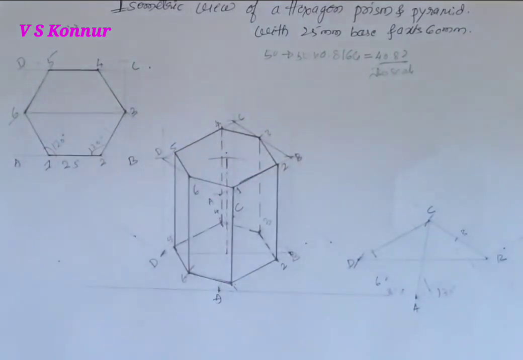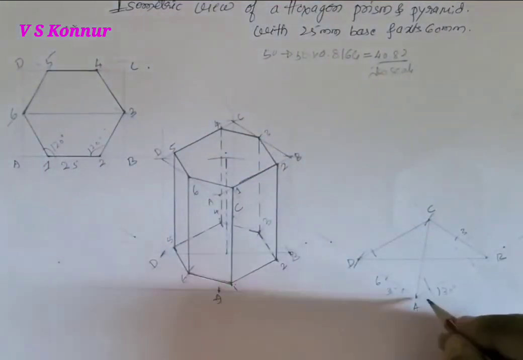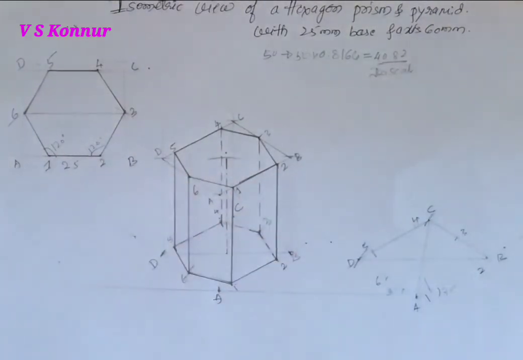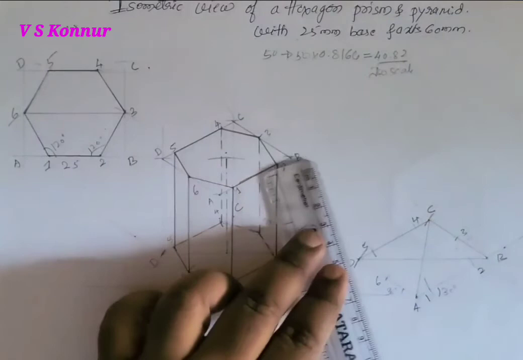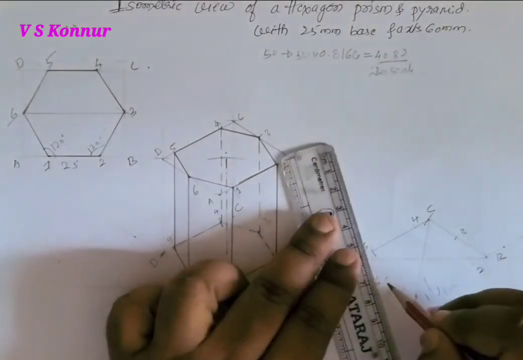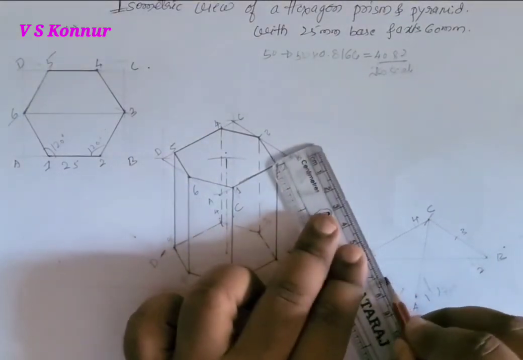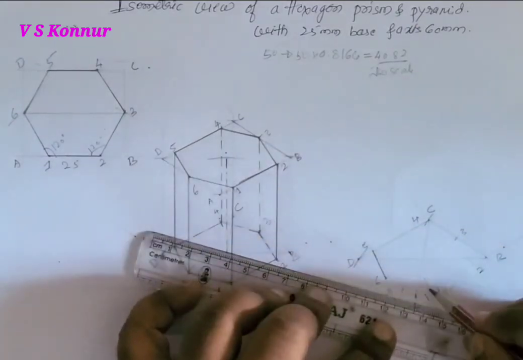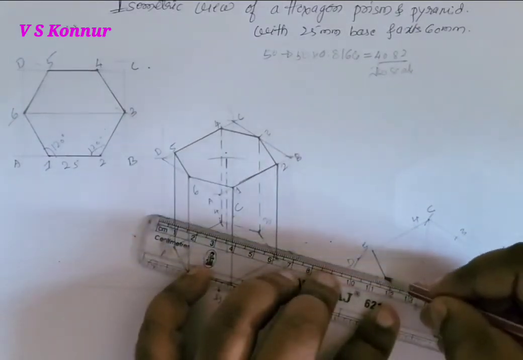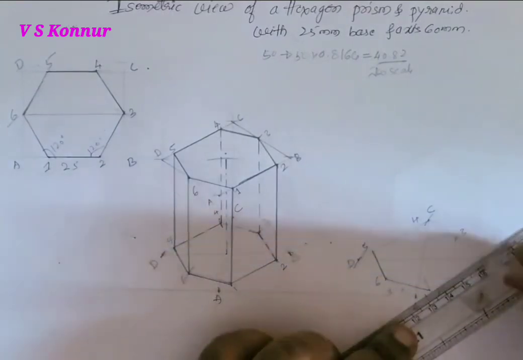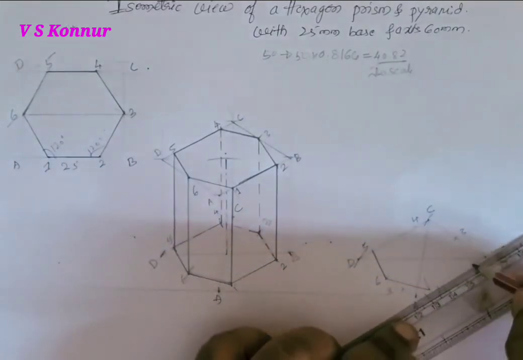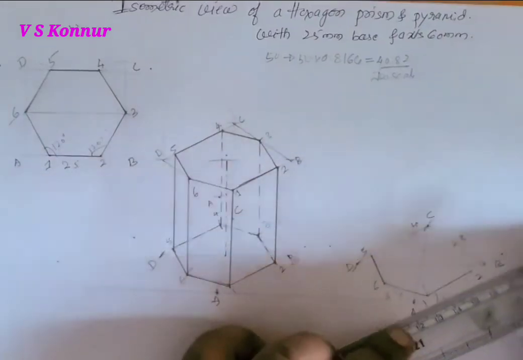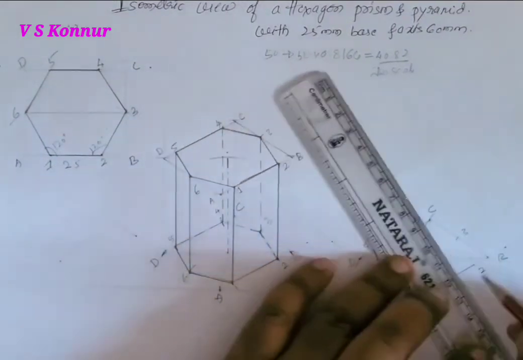So we got all the points: first, second, fourth, fifth. Now we'll join with a dark line those which are visible. Which is a dash line.